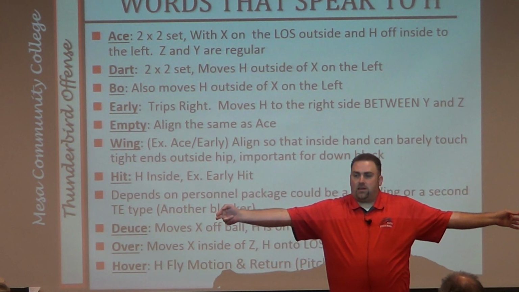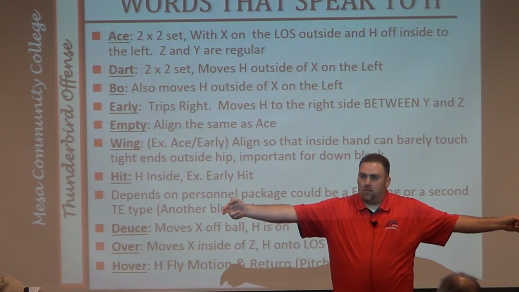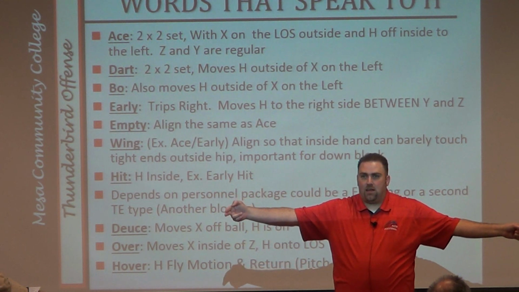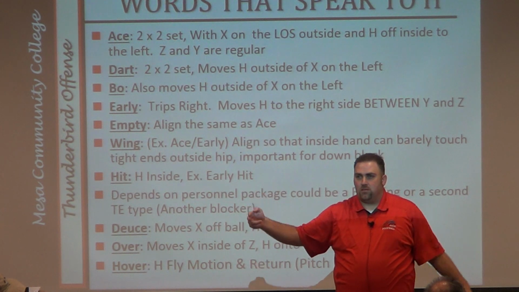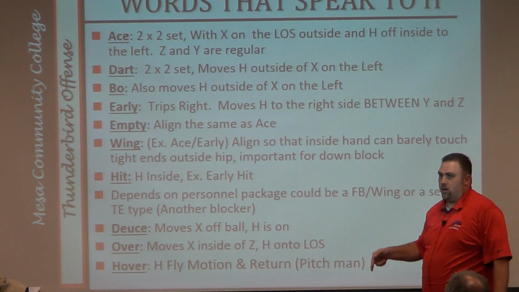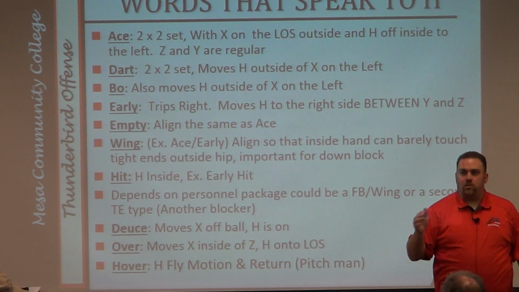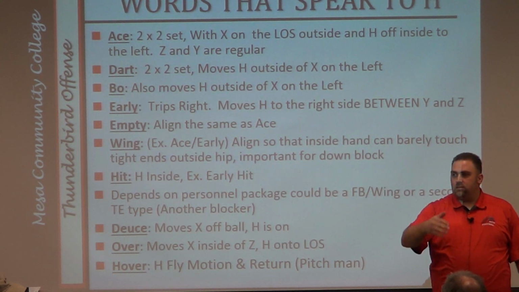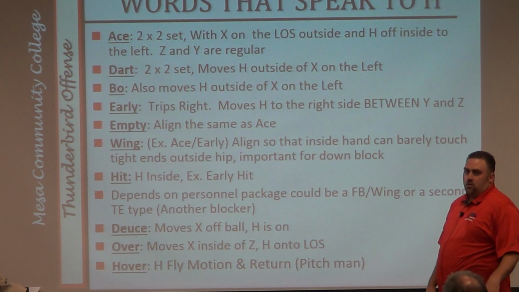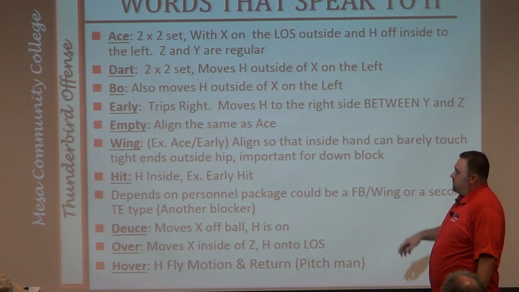I've isolated my X. He's between the Y and the Z. If I say early hit, H-I, H inside, now I've moved him inside of my Y. I do that on some plays where I want an H running down the middle of the field on a post when I'm running corner routes against cover 2. You get a fast guy, run that post route or that pipe route, whatever we're going to run.